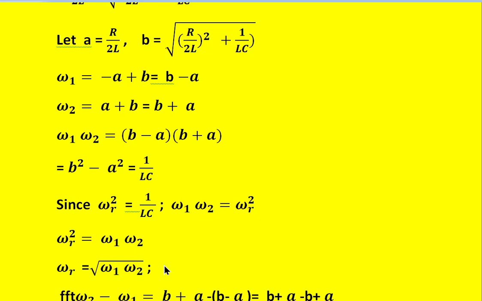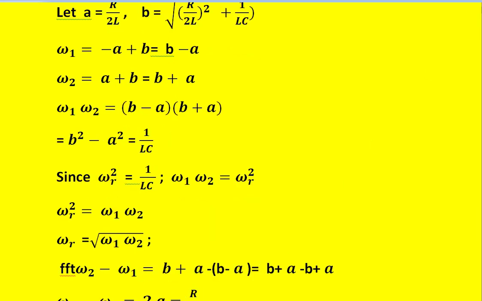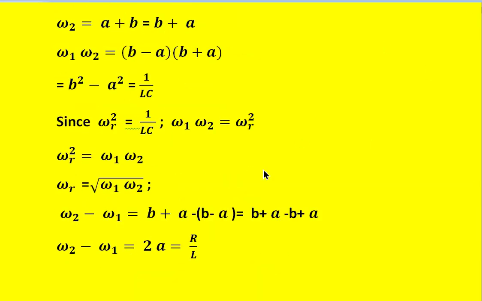Then bandwidth can be written as omega 2 minus omega 1, that is b plus a minus of b minus a. So after further simplification, bandwidth omega 2 minus omega 1 is equal to 2a, and a is already defined as R by 2L.